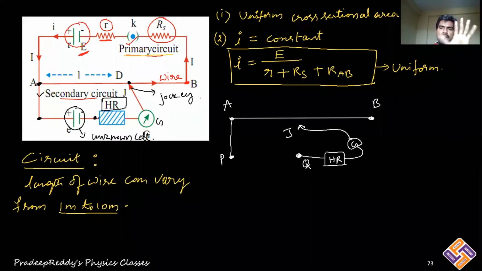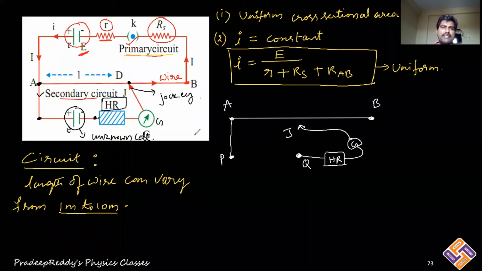You can take one cell, you can take 2 cells in between PQ and connect each at a time. You can find out the unknown resistance of the cell, depending upon our utility you will be using this slot PQ. So in the first case I want to find out the EMF of the unknown cell.